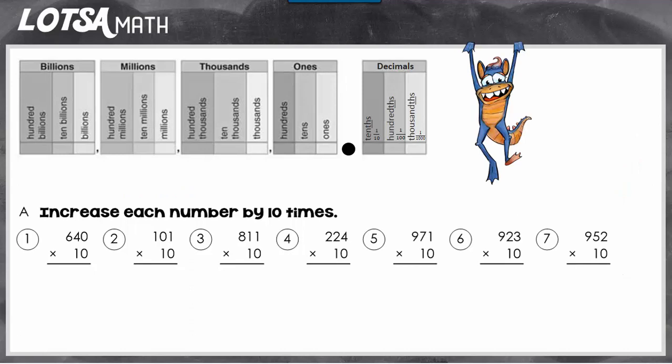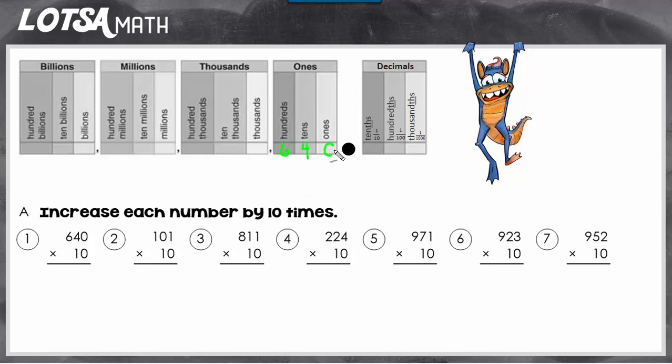Okay, so for number 1, we see that we need to do 640 times 10, which means we're increasing 640 by 10 times. So without doing multiplication, if you think about the relationships between place values, you can do this easily. So right now we have 640.